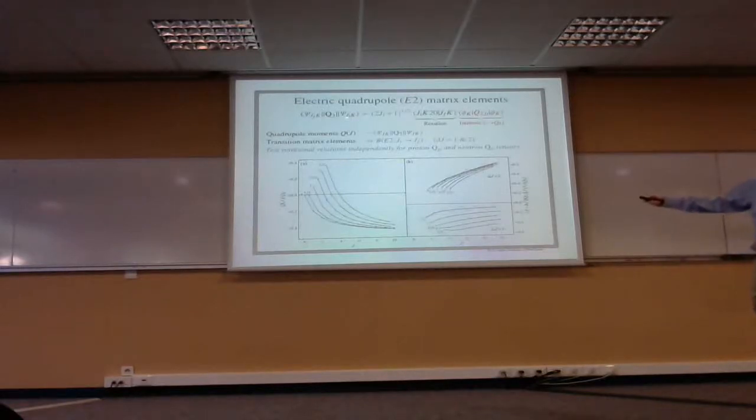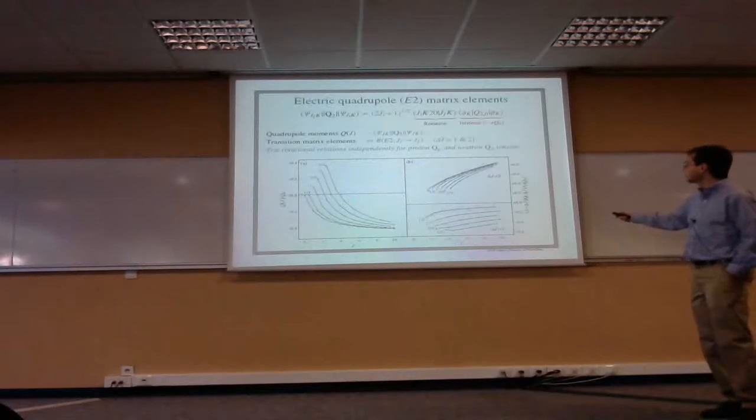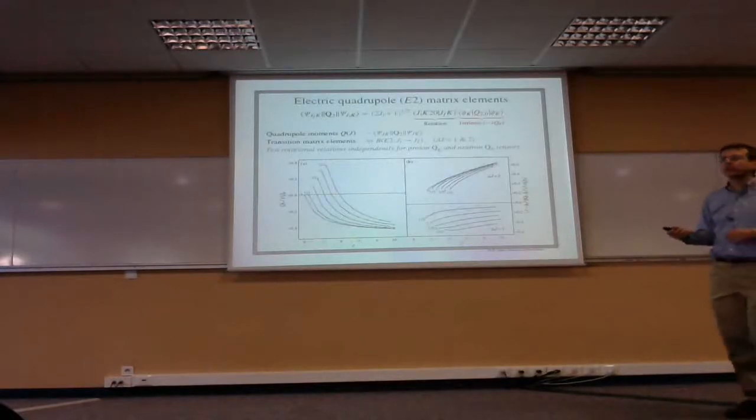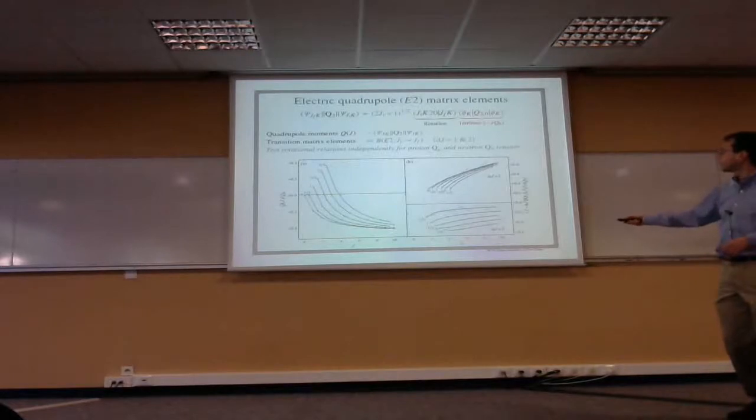The quadrupole operator is a spherical tensor of rank 2, so it can couple states with angular momentum differing by 2. You get these curves. You have delta J equals 1 transitions. Depending on K, you get these curves. And these are pretty firm predictions. So if we have rotational states, the moments and transitions should follow those patterns.